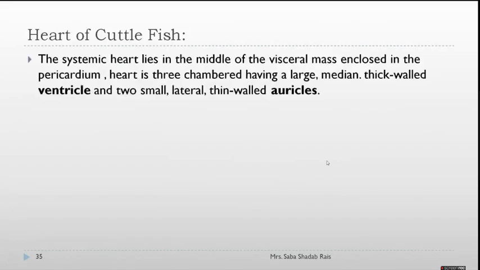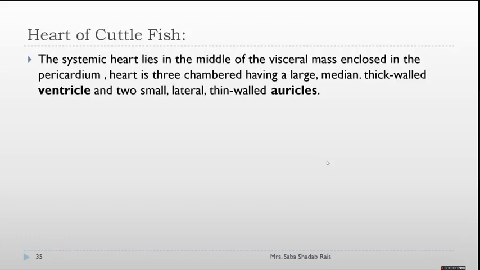When we talk about the systemic heart, just now I showed you the position. It is present exactly in the middle of the visceral mass. Now see, the heart is enclosed in the pericardium. In most of the higher organisms, you will find that the heart always has a protective layer.